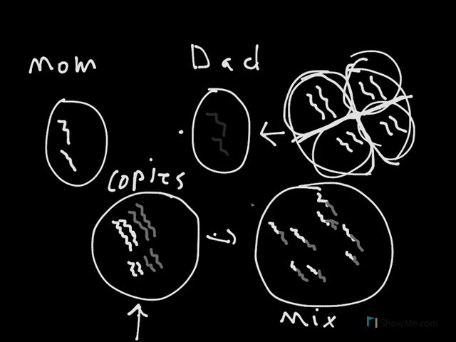But that is how genetic material is passed on. And what's pretty amazing is this mixing really provides a lot of variation. And variation is good when you're trying to survive.